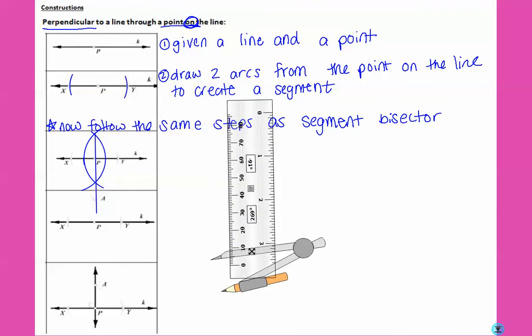And there's our perpendicular bisector going through the point on our line.